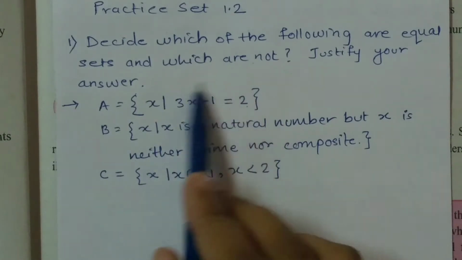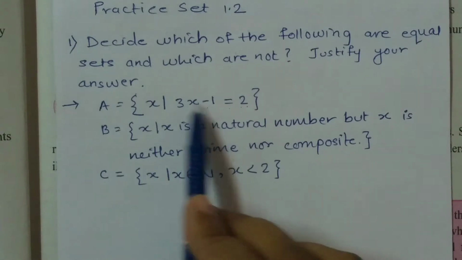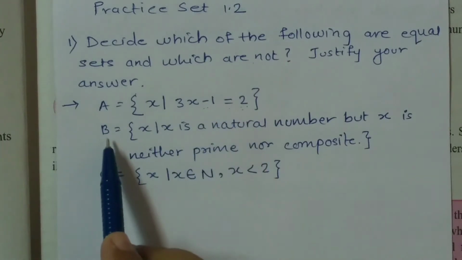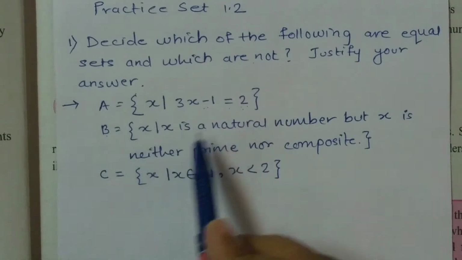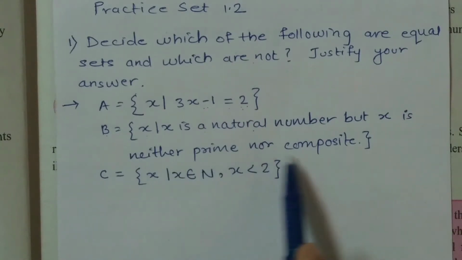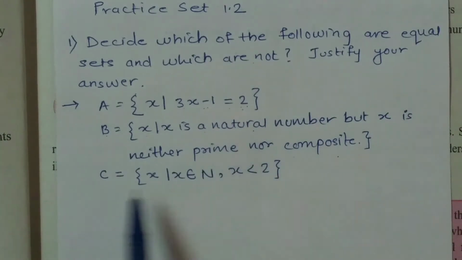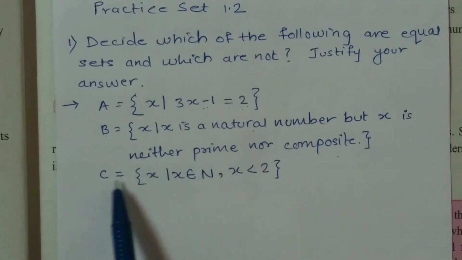By using this, you will get the value of x by solving this equation. Second, B is a set of all x such that x is a natural number but x is neither prime nor composite. Only one number is neither prime nor composite, that is 1.